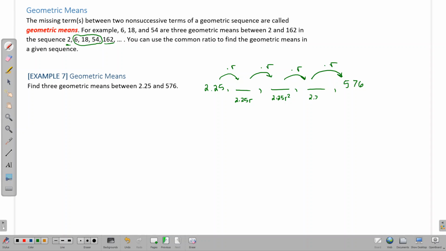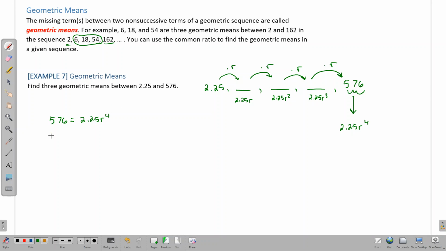This one would be 2.25 r cubed. And then finally, this number has to be 2.25 r to the 4th power. Right? We multiplied by r 4 times to get to this place. So that's an equation. We can say 576 has to be equal to 2.25 r to the 4th. Okay, so now we just need to solve this equation for r.